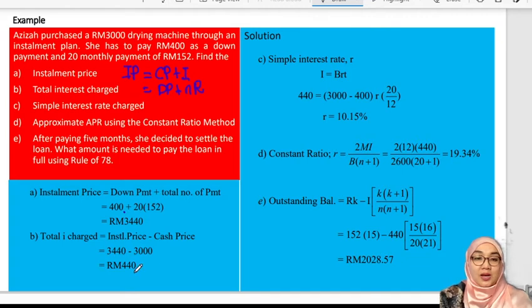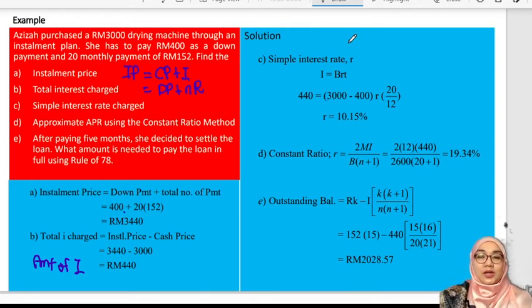So dapatlah ini adalah amount of interest charge. Amount of interest. Alright, kita tengok C, simple interest rate. So bila sebut dia simple interest rate, dalam kepala mesti ada apa? I equal to PRT kan. So I equal to PRT.